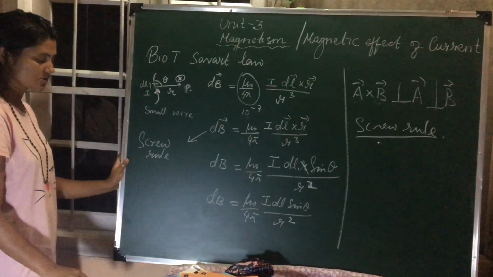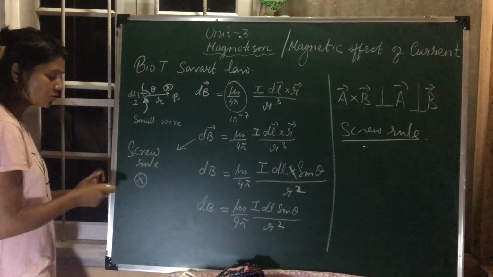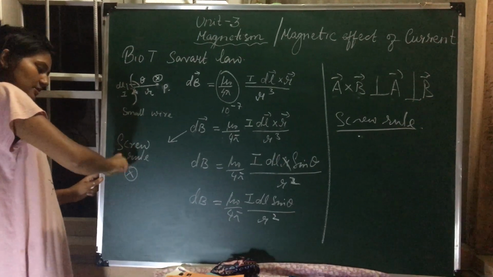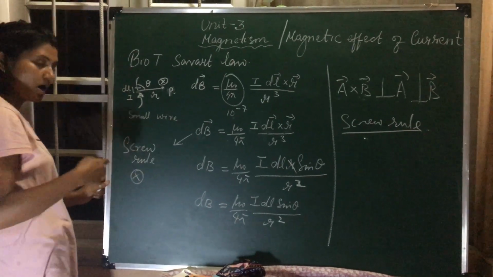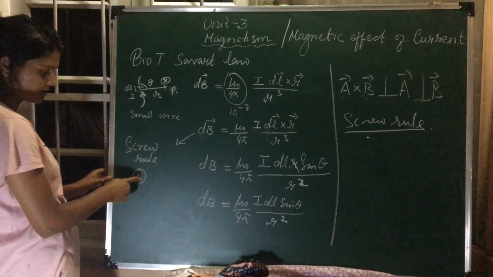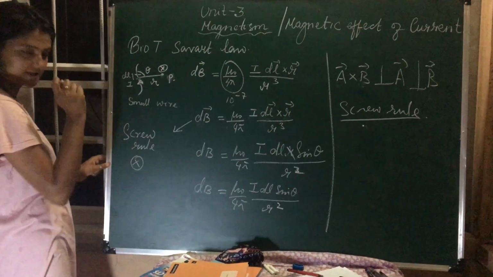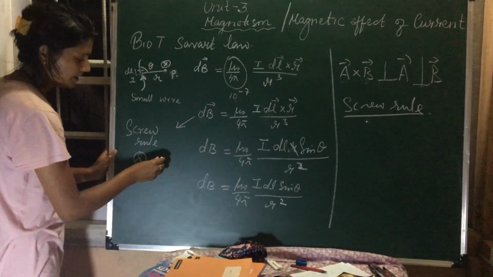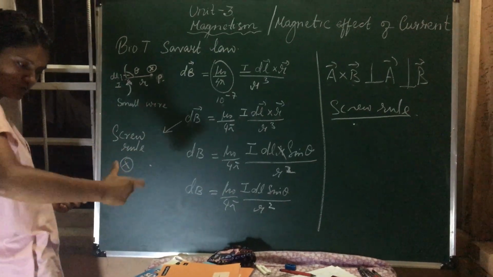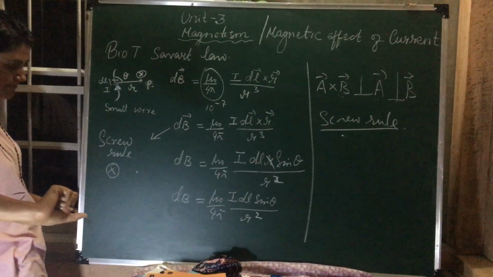What is the direction of dB here? This is a screw. When the screw goes inside, how will you see it? You will see it like this, right? So this is the way to show the direction. And if you make the rotation anticlockwise, it gets loose, right?